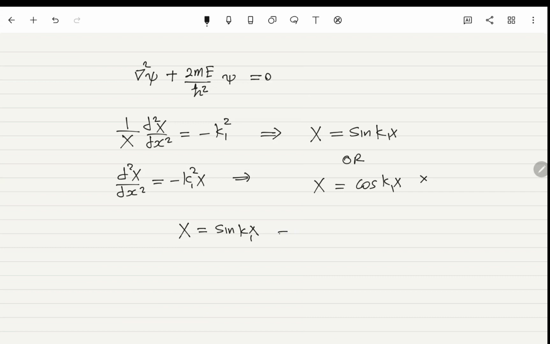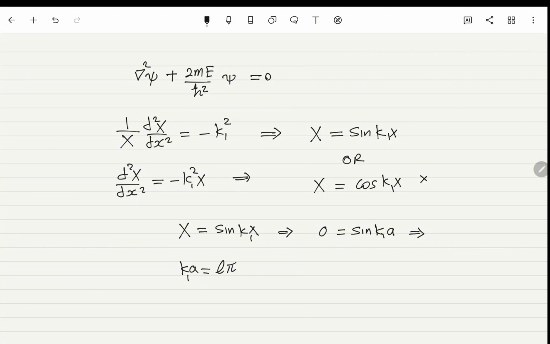Now psi also vanishes when x equals a, therefore 0 equals sine k1 a, and from this one here we can state that k1 a equals L pi.